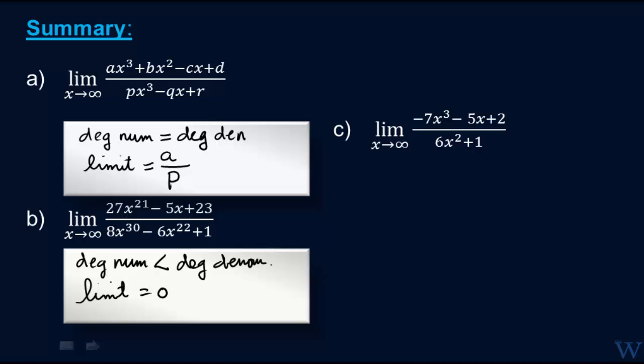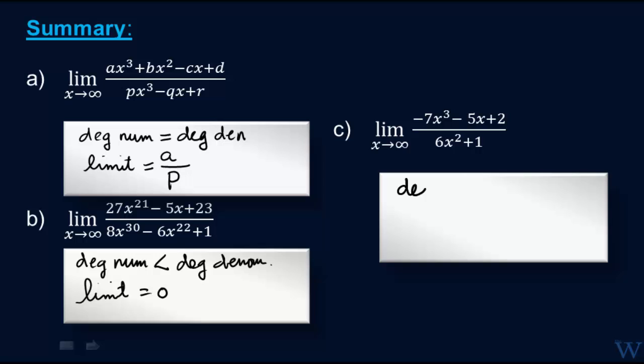Okay, and then when the degree of the numerator is greater than the degree of the denominator, then the limit we have to take into consideration when we divided every term in the denominator by the highest degree that occurs in the denominator, and the rest goes to either 0 or infinity, and we just have a leftover term of a to the, minus 7x in this case, then the limit is either plus or minus infinity.